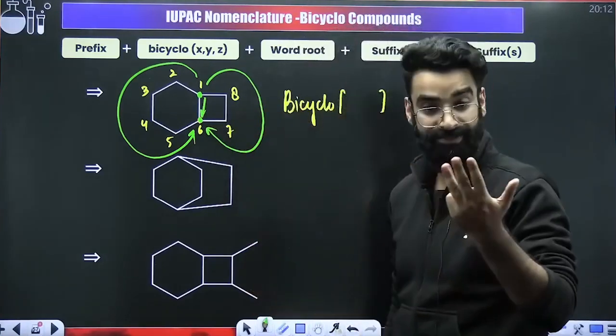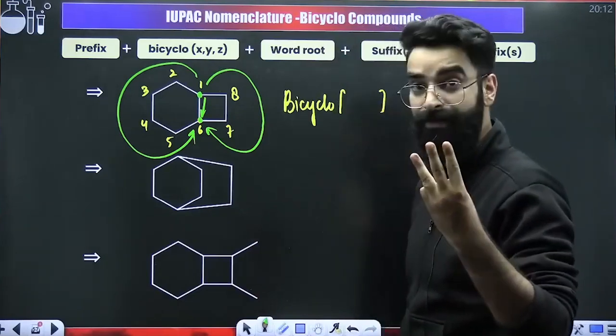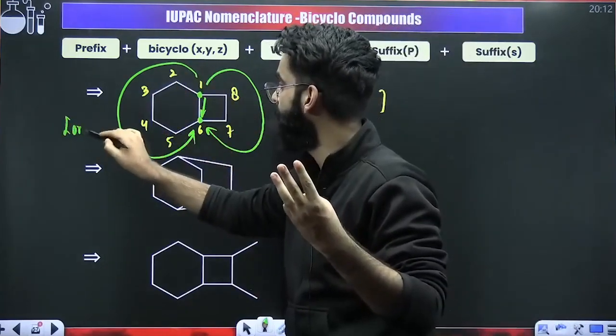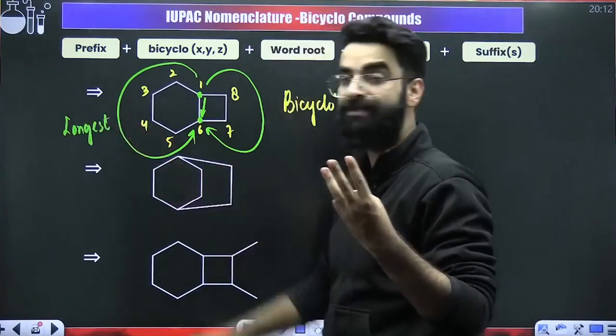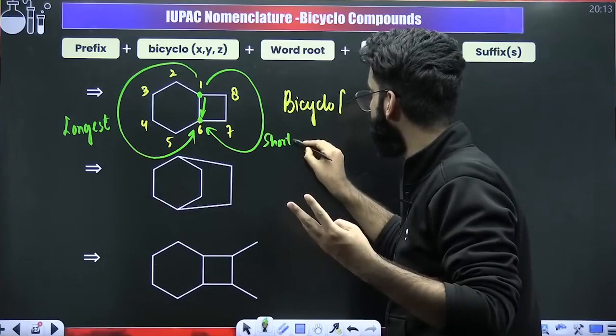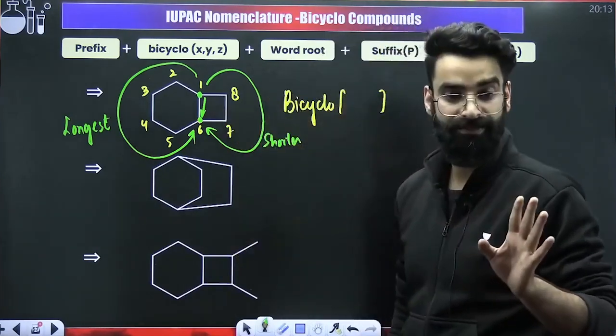So how many paths are there? Exactly 3 paths. One is the longest path, one is the shorter path, and the middle one is the shortest path.